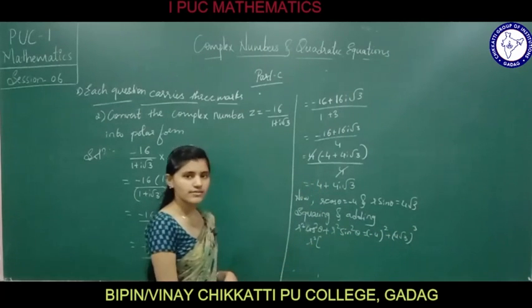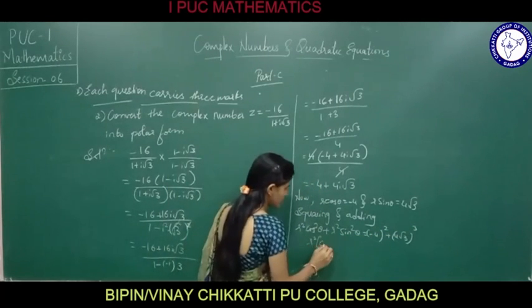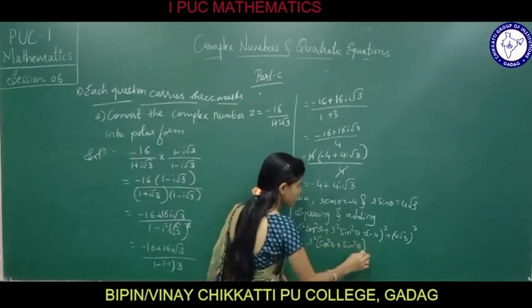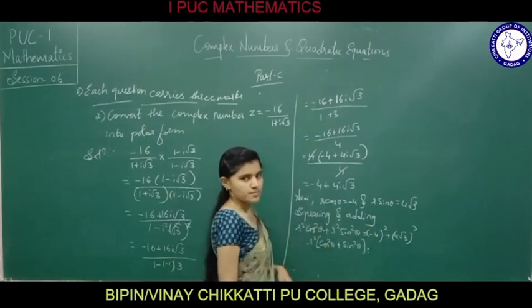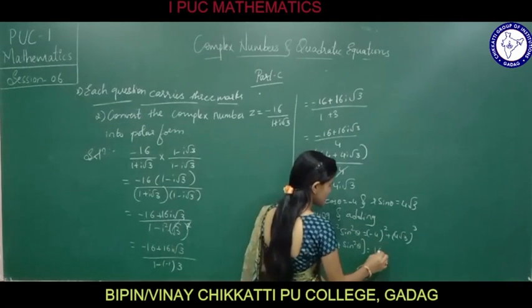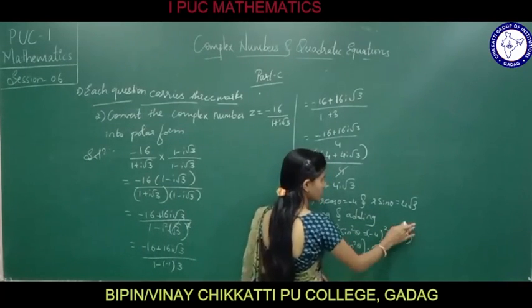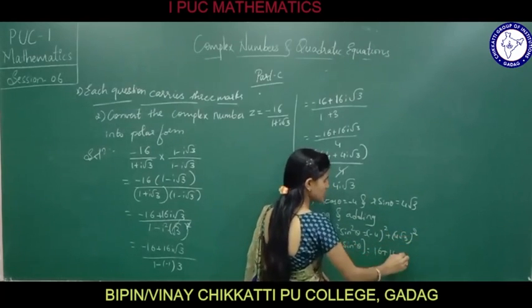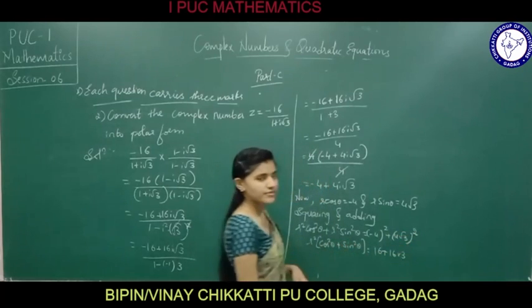Taking out R square as common, I am left with cos square theta plus sin square theta. Minus into minus is plus. 4 square is 16. Again 4 square is 16. Root and square is going to get cancelled. I am left with 3.